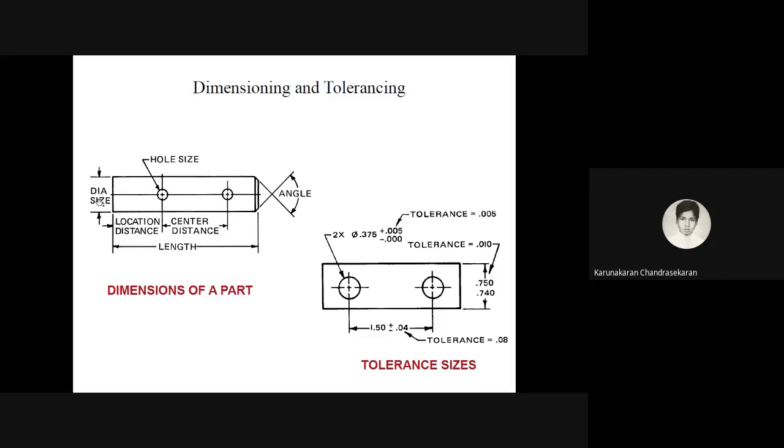Now the hole size is given, and from this particular location to this location, they have mentioned how much distance is required. From this hole to this hole, the center distance is given, and total length is given. So these are dimensioning a part with the appropriate analogy.